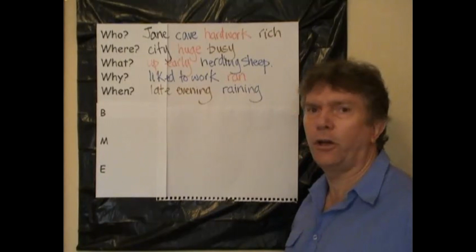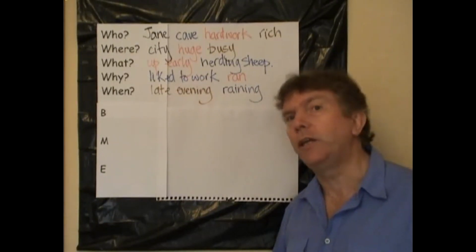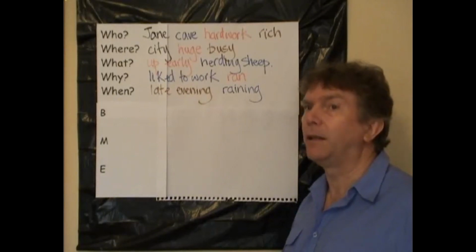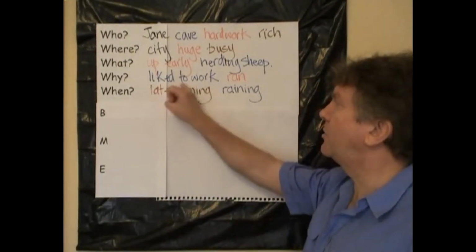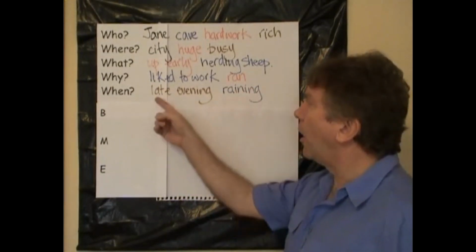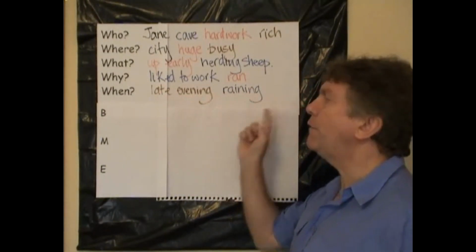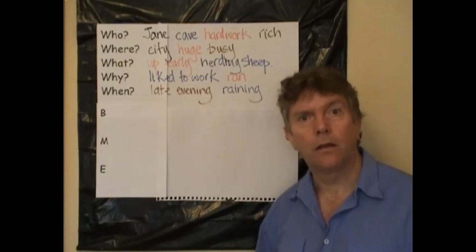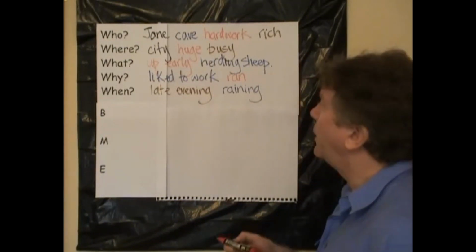She would want to herd her sheep, for everyone needed wool, and everyone would like some of that beautiful sheep's milk cheese. She liked to work, and instead of walking slowly, she would run. And on this late evening, as the rain fell down, that's a different story. But here we go, at the beginning.